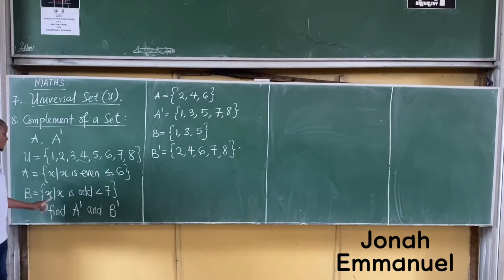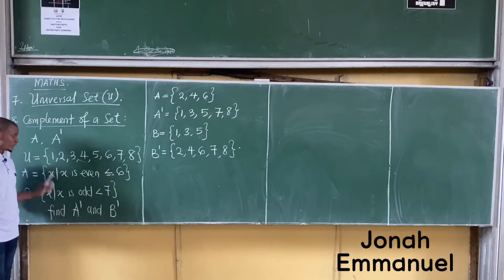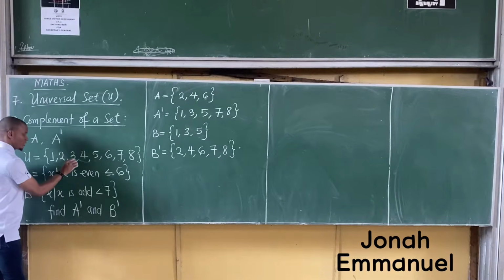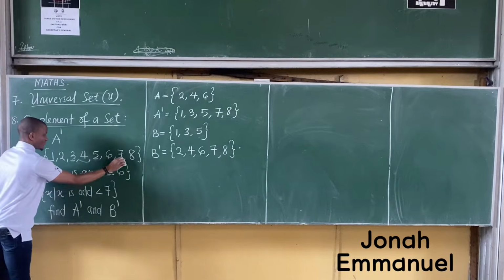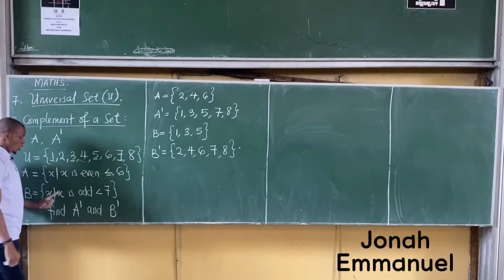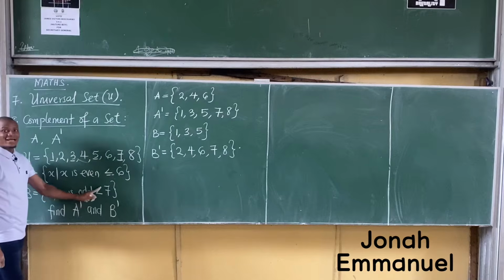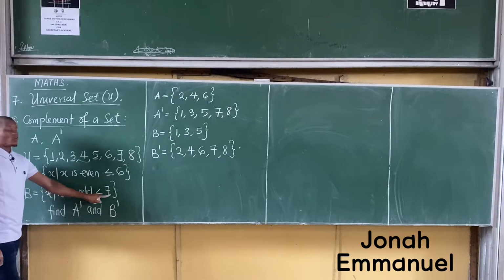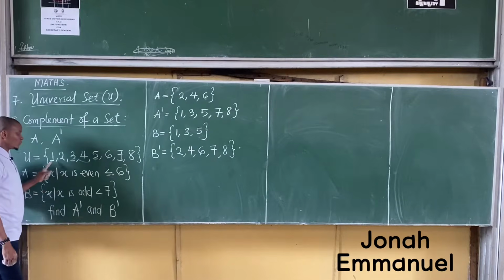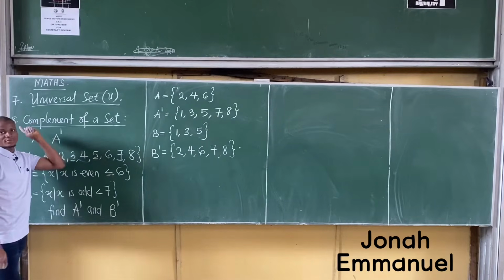From here they say pick out odd numbers less than 7. What are your odd numbers here? 1, 3, 5, 7. Now they say odd numbers less than 7. For less than 7, will I include 7? No. So don't include 7. I only have 1, 3, 5. That's it.